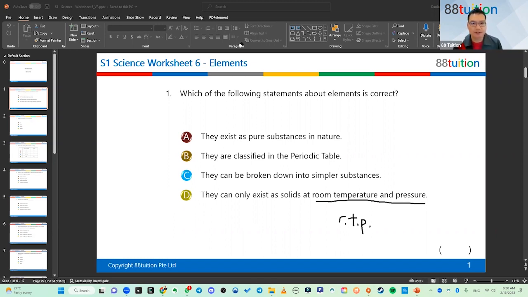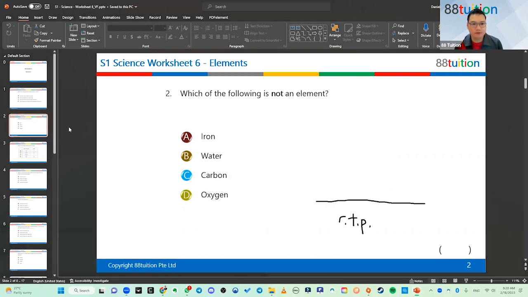Okay, let's look at the next question. Which of the following is not an element? The keyword here is not an element.